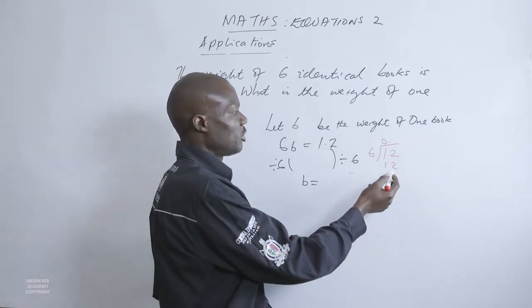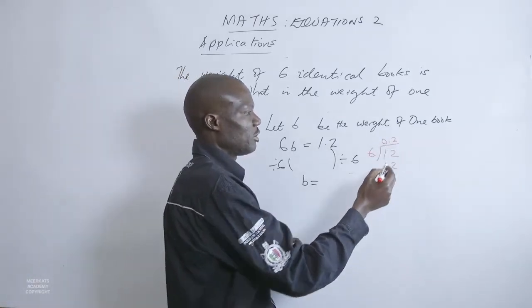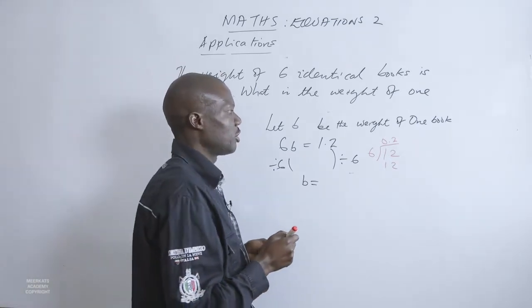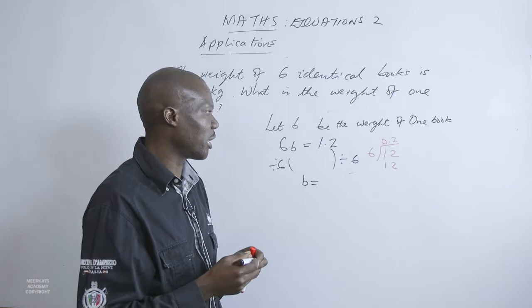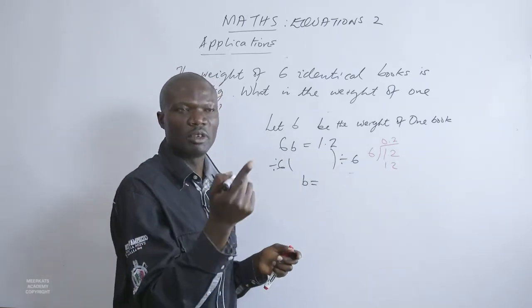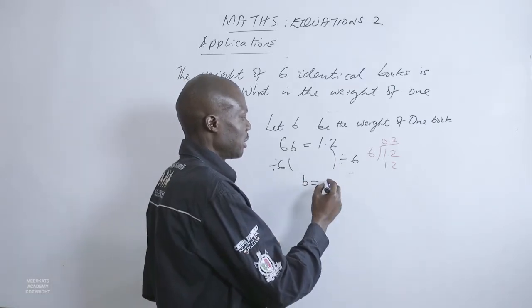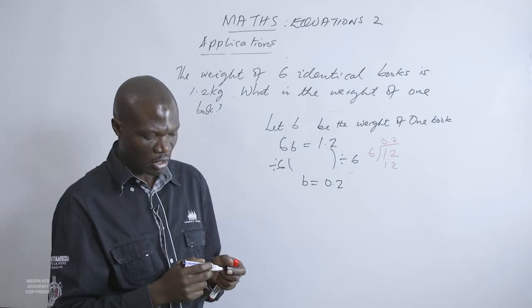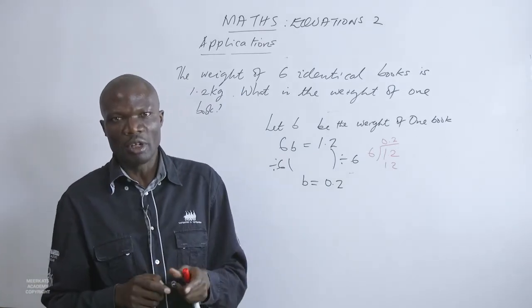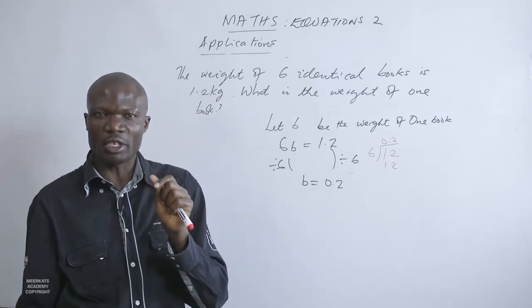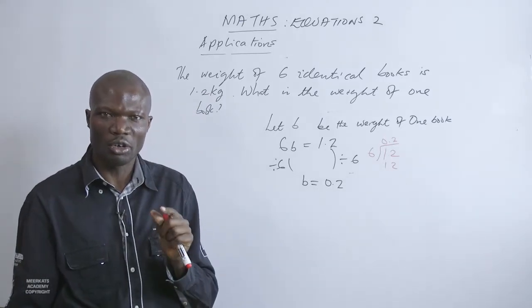And then 12 divided by 6 is 2. So if we work it out like that, then we'll find that 1.2 divided by 6 is 0.2.